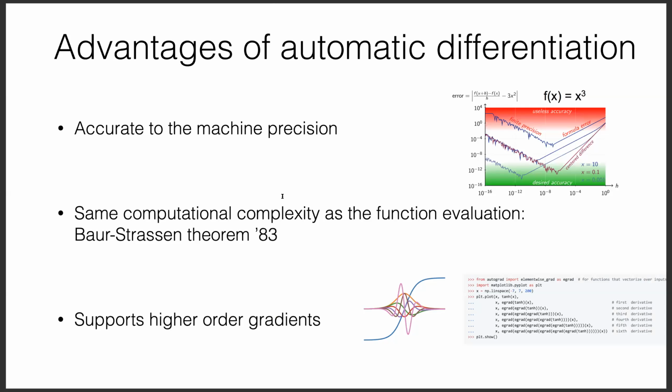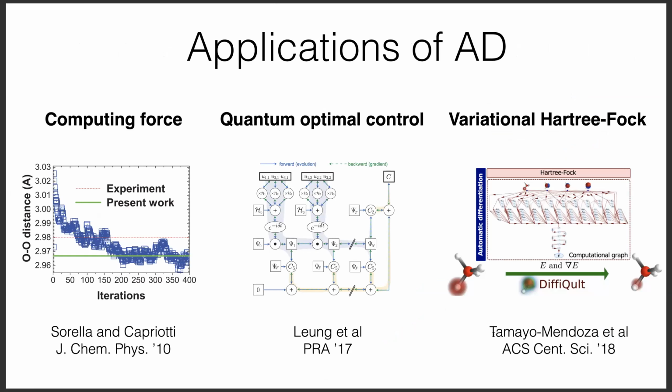There is also a theoretical guarantee that the computational complexity of automatic differentiation is the same as the forward pass, the function evaluation. And since the gradient of a computer program is also a computation graph, you can apply this idea iteratively to get higher order gradients.